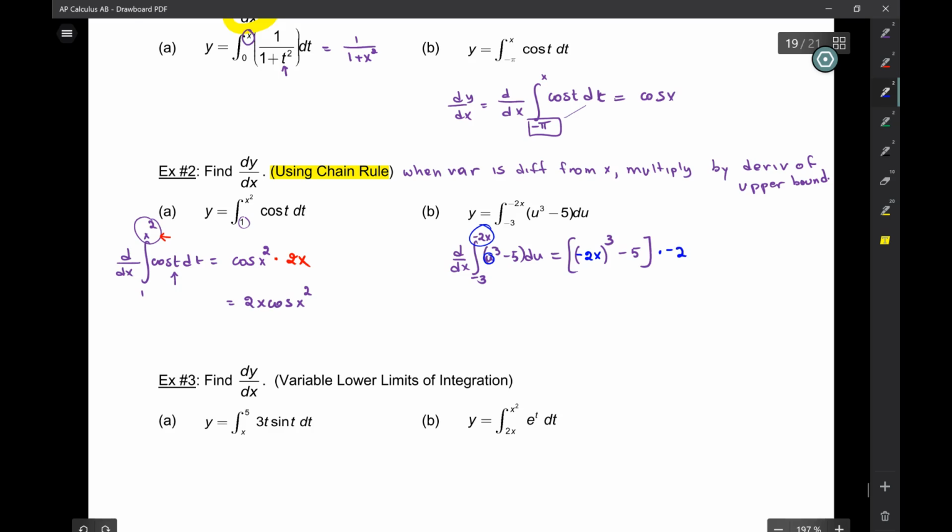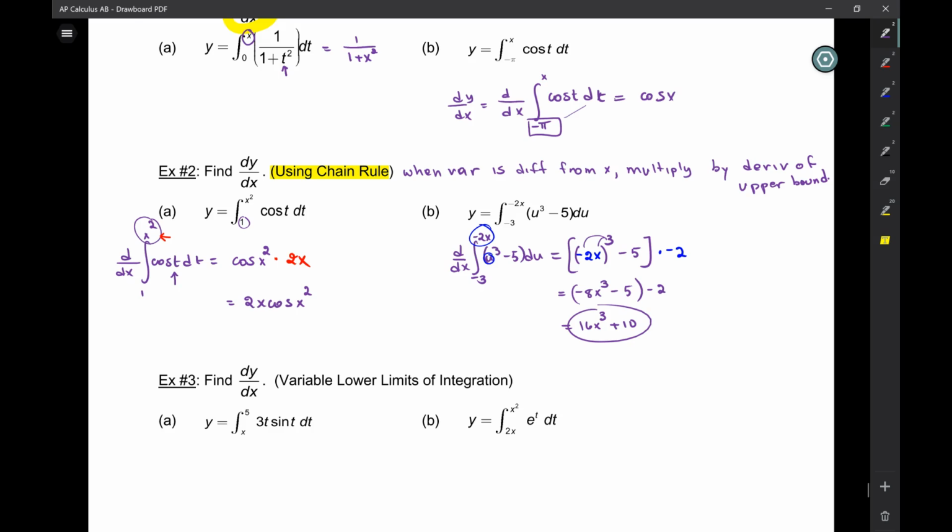Be careful that you don't get lost in those little algebra steps. So this is now negative 8x cubed minus 5 times negative 2. You cube everything. So x gets cubed, negative 2 cubed is negative 8. So 16x cubed plus 10. Why do you multiply by negative 2?